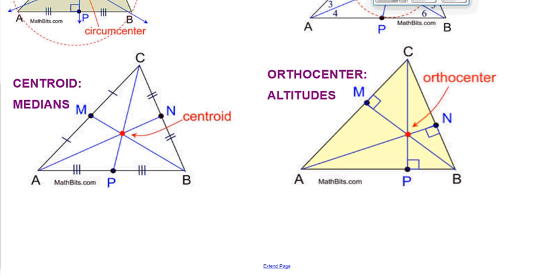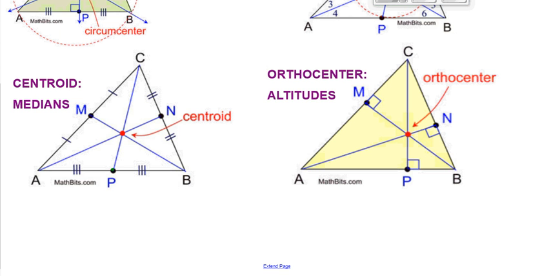Okay, the third center we want to talk about is called the centroid, and it is created by the medians of the triangle. So the median is the line drawn from the vertex of the angle to the midpoint of the opposite side. I want to clarify the difference between the circumcenter, which is the image above here, where it was created by the perpendicular bisectors.